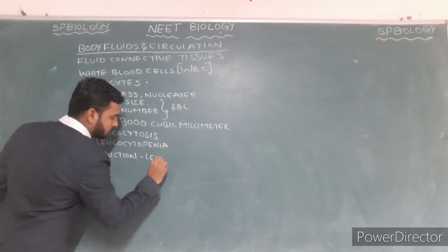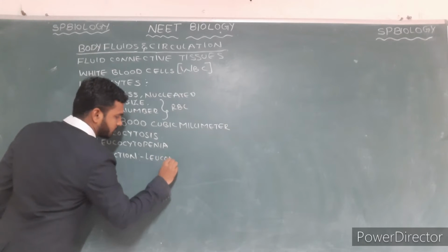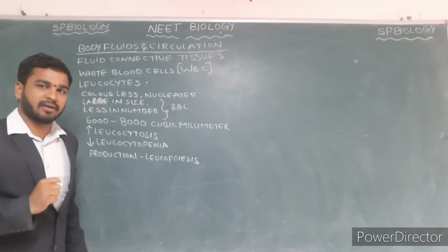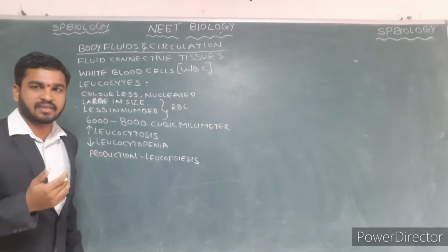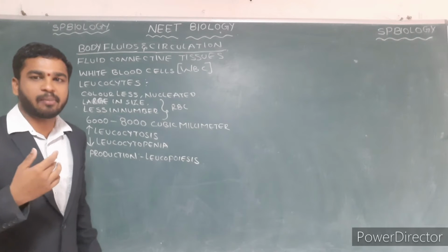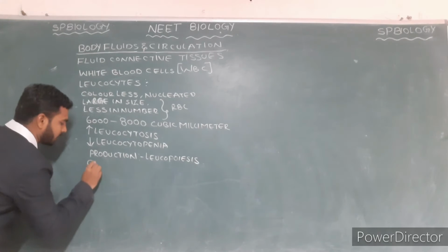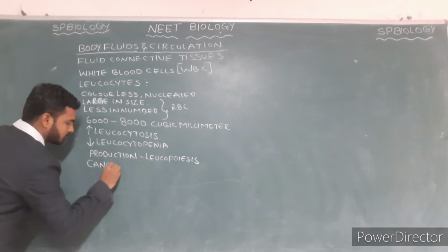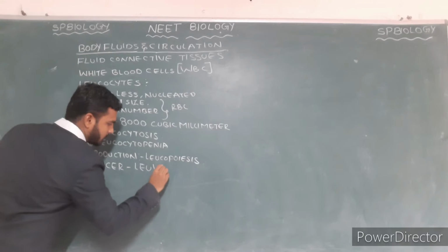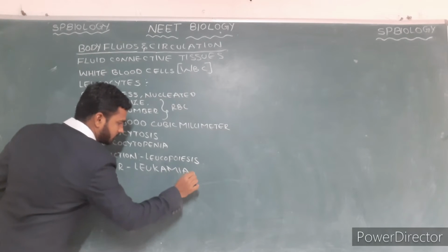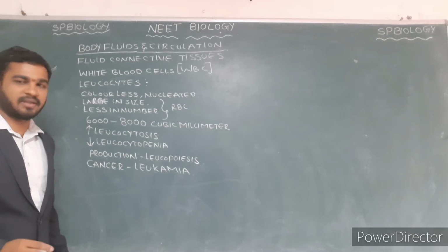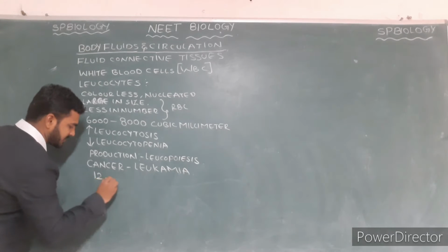If there is an abnormal increase in leukocytes, WBC more than 1 lakh, it leads to a type of cancer, that is leukemia. The lifespan of WBC is 12 to 13 days.